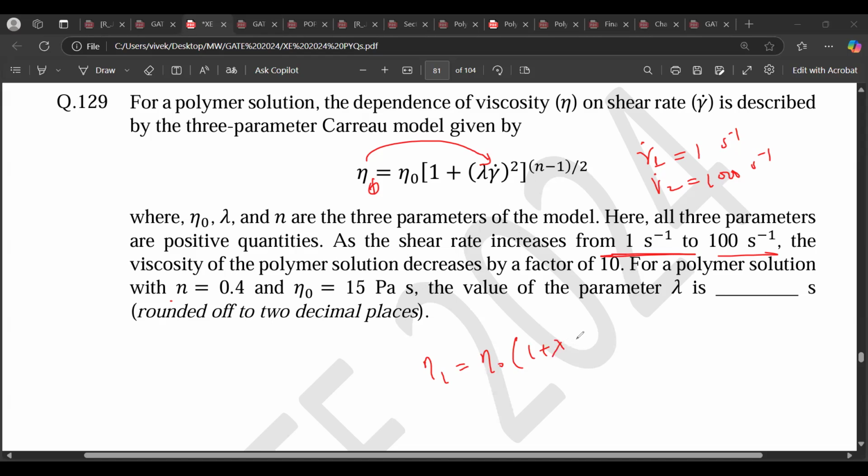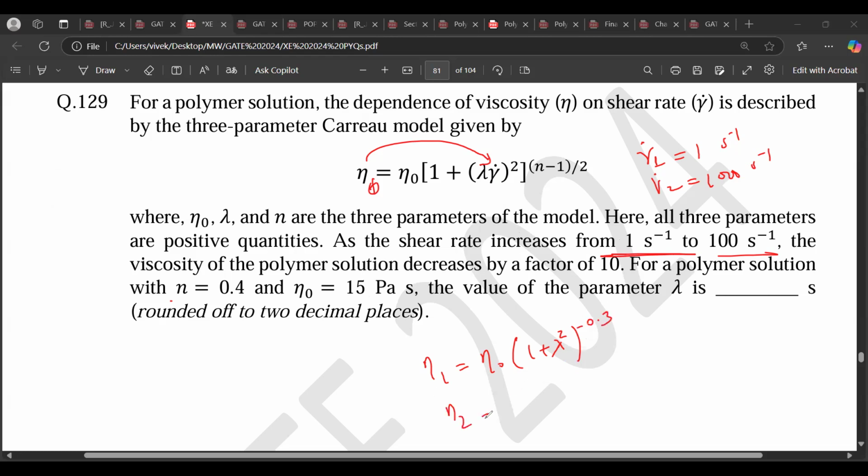Gamma dot 1 is 1, so I write just 1. I'm sorry, lambda into gamma dot is 1, so lambda is squared. N is 0.4 minus 1, that is 0.6, right? 0.6 by 2, so I can write minus 0.3. This is for eta 1.